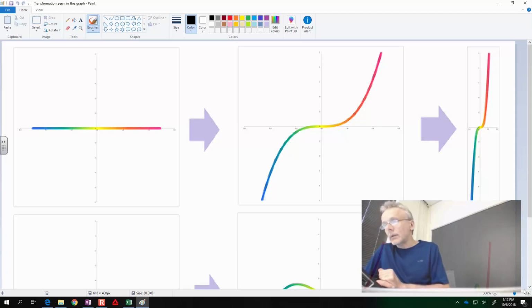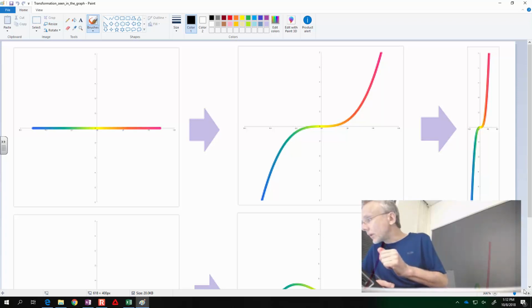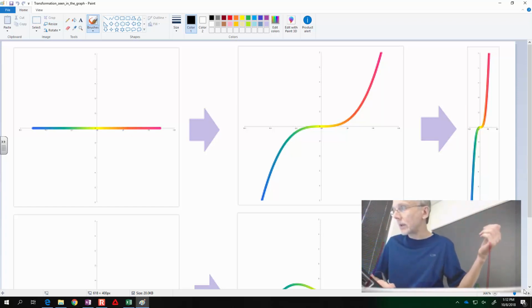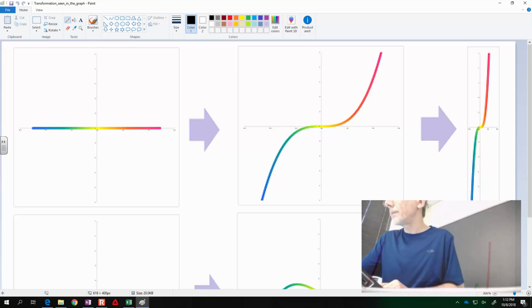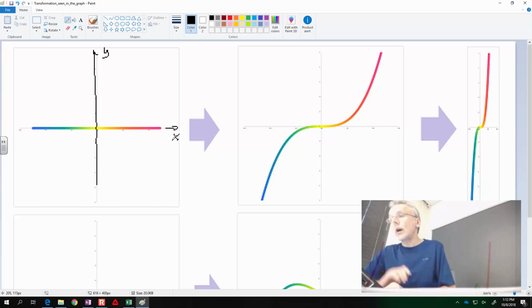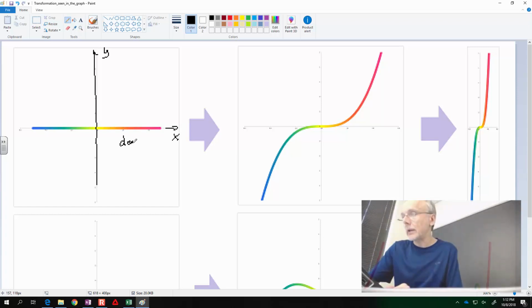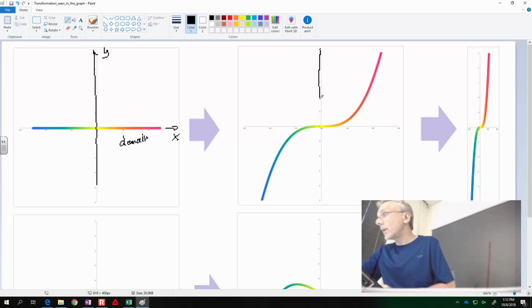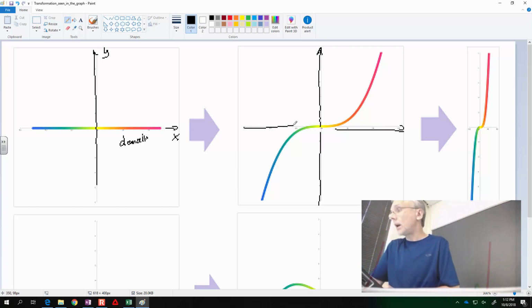Unfortunately, the image lost its axes when I was saving it. Anyway, you can imagine that there are x's somewhere. So this is the y-axis, and this is part of the x-axis. Okay, so I start with the domain right here. And the domain is made of numbers, and I just color them for visualization purposes. And then I look at its graph, and what happens is this shape. Looks like x cubed, by the way.